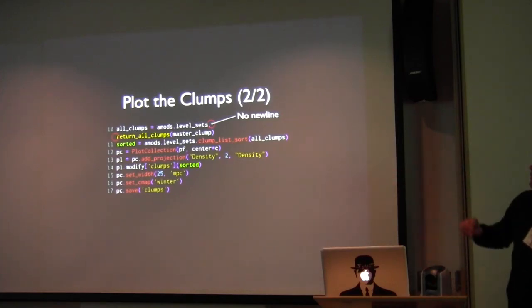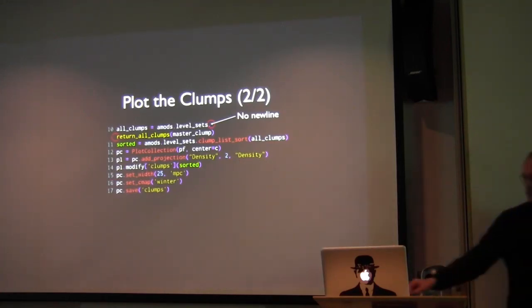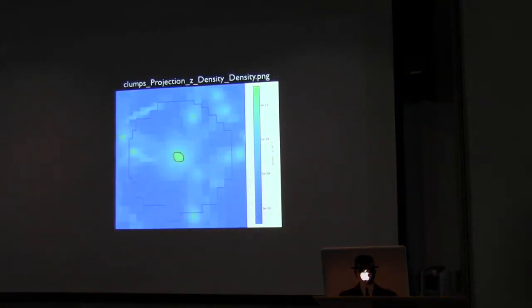And then lines 12 through 17, I'm making a projection in a plot collection of the region around the sphere that I just produced. And then on line 14, I'm doing a modify, a callback of the clumps. And so in this next picture, you can see where it's found the clump.